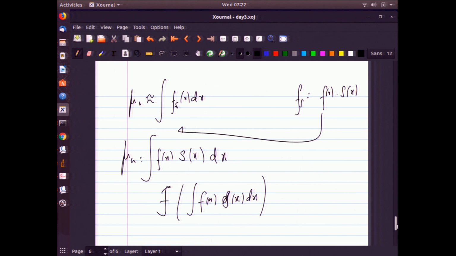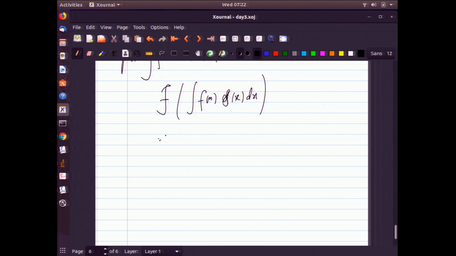Because it's linear, you can pull it into the integral. So you get, there's a product, so what happens inside? You get a convolution, right? And then remember, this integral takes the DC, correct? So it's actually simply at omega equals 0.